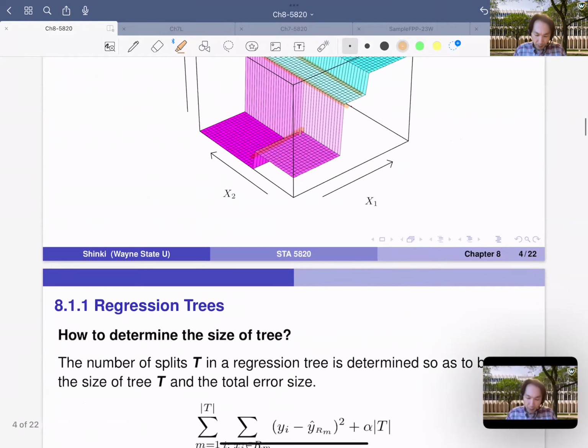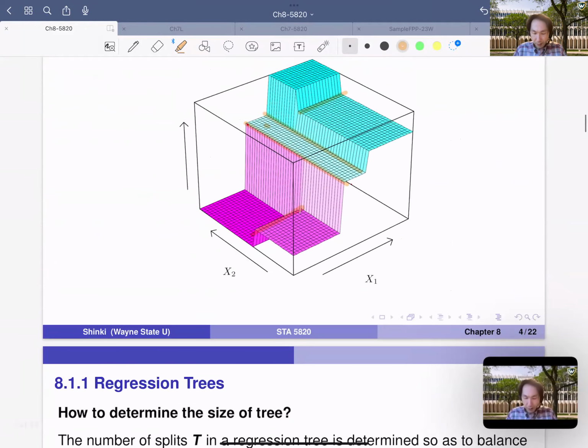Then the next problem is, in this figure we make 4 splits, and in the previous example we made 2 splits. If we split more and more, the training error gets smaller, but the test error may not become smaller.